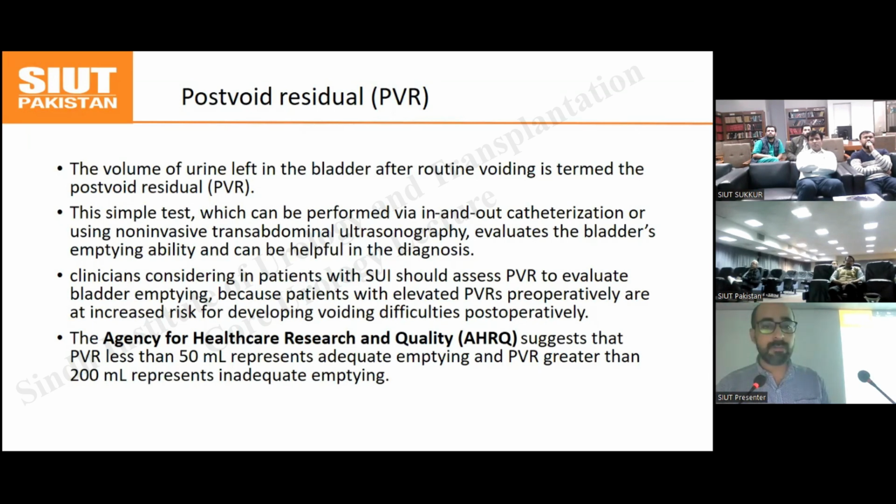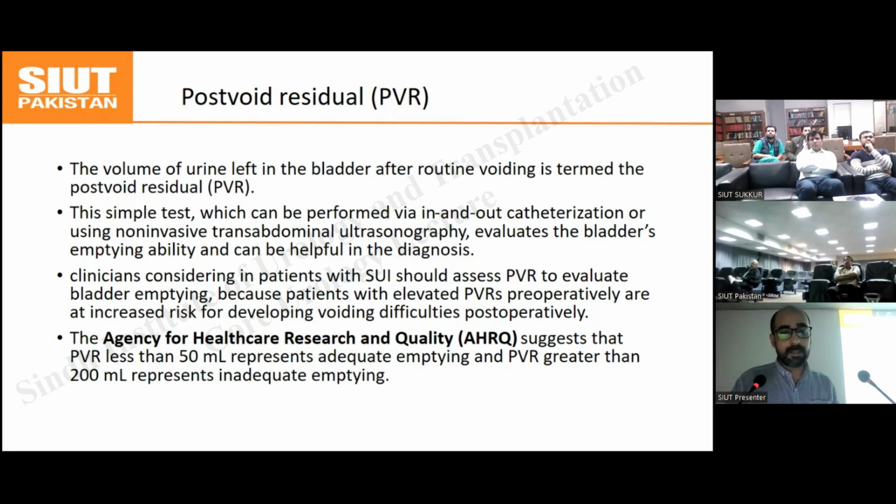The volume of urine left in the bladder after routine voiding is termed the post-void residual volume. This simple test, which can be performed via in-and-out catheterization or using non-invasive transabdominal ultrasound, evaluates the bladder emptying ability and can be helpful in the diagnosis.